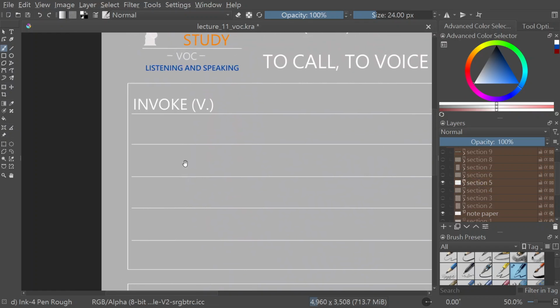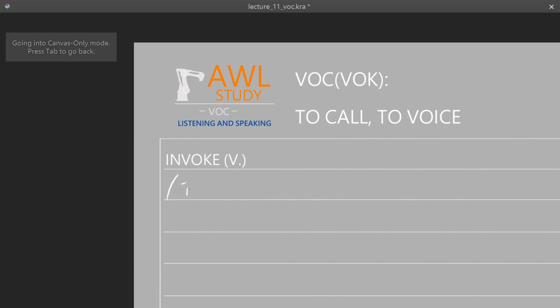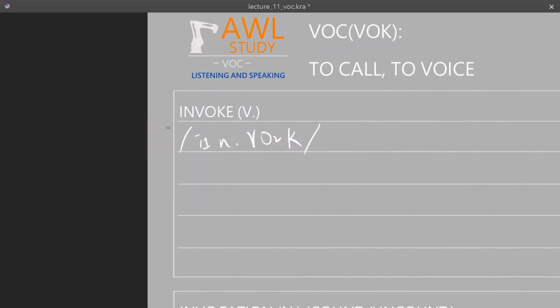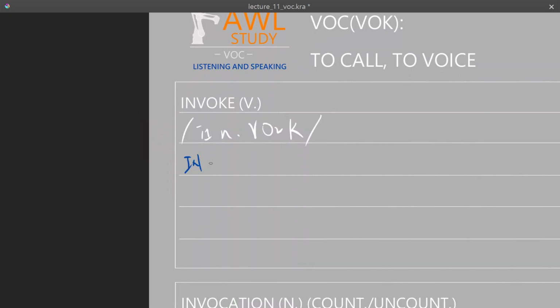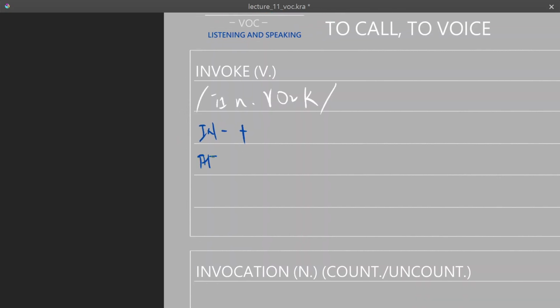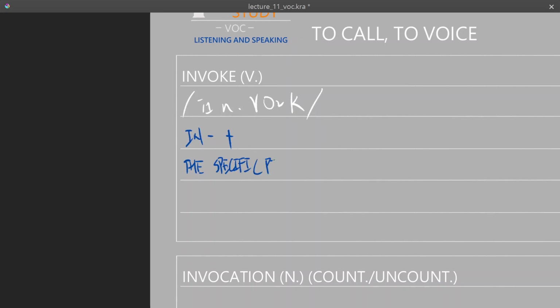The next one is invoke. And we have the prefix in. The prefix in this case means the specific person or thing.